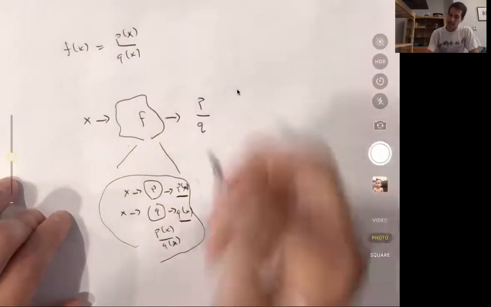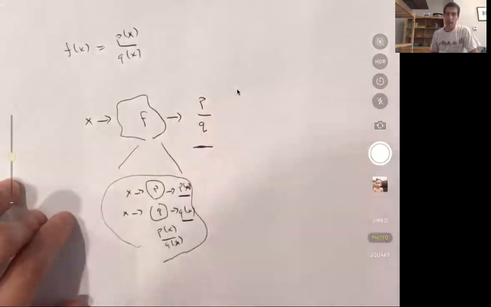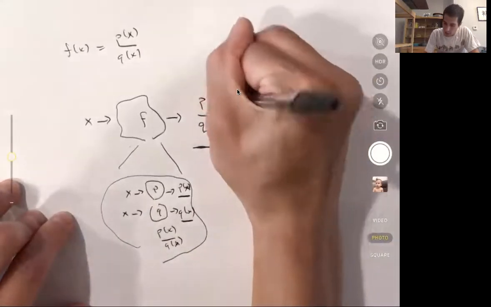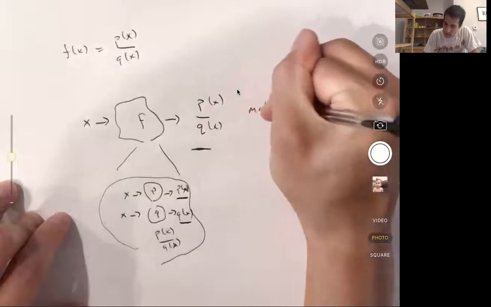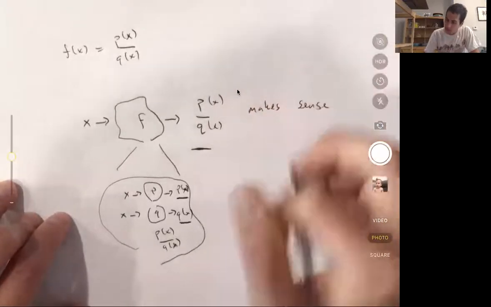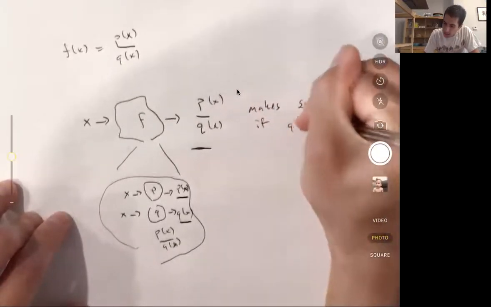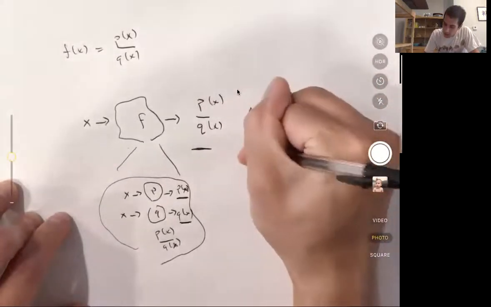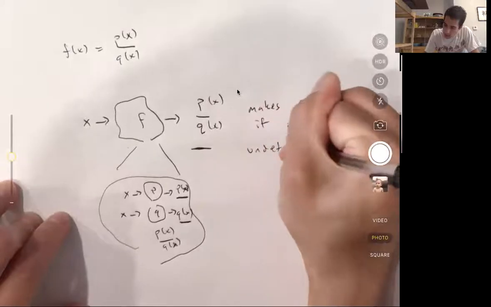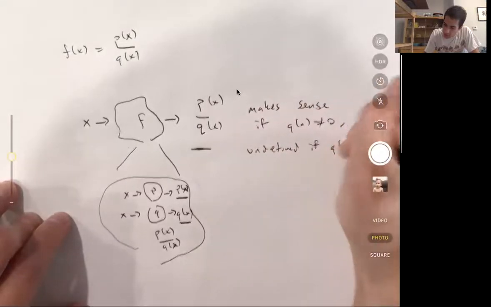And since this output is just a fraction, we can just apply the rules of fractions that we just talked about. So this is some P of X and Q of X. And this makes sense if Q of X is not 0. And it's undefined if Q of X is equal to 0.